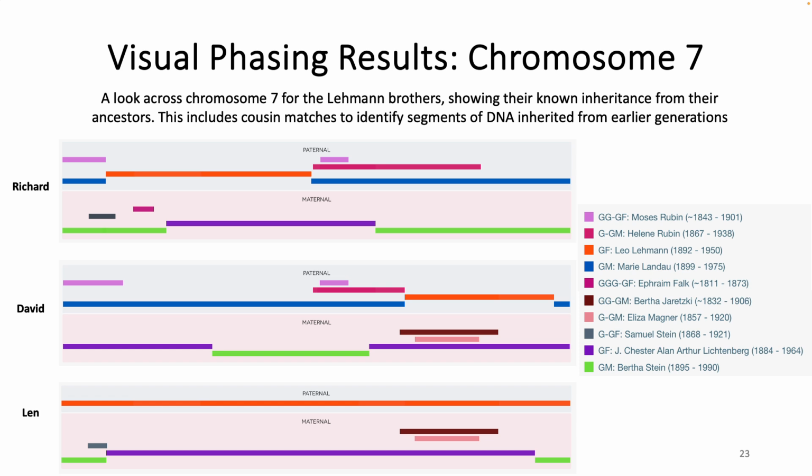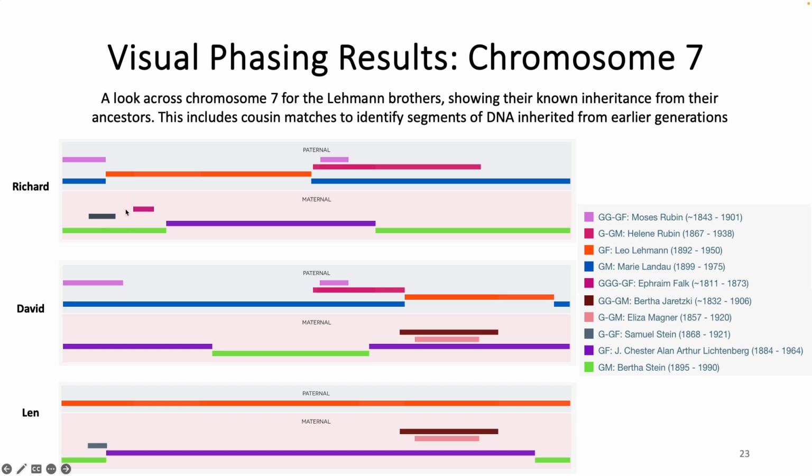over here we have Samuel. So the green is the grandmother, and this dark green is Samuel Stein. So this is actually the grandmother's father's DNA. We know that Richard inherited this part of the DNA from the Stein side, from Bertha's father, Samuel Stein. And then we have another segment here that can be attributed to a different ancestor on Bertha Stein's mother's side, Ephraim Falk.